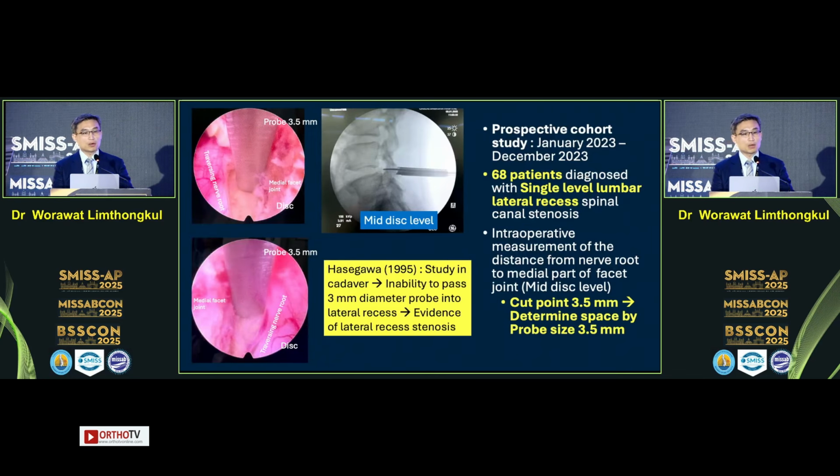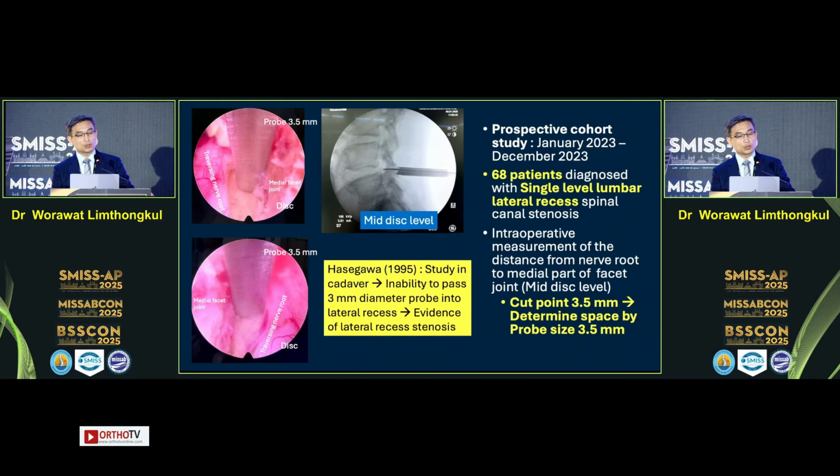What we study is the distance between the medial facet and the nerve. We did a prospective cohort study from January to December, and we calculated the number of patients, which is 68 patients with single lumbar level lateral recess stenosis.